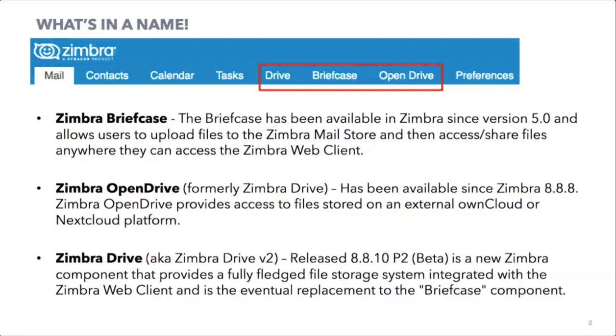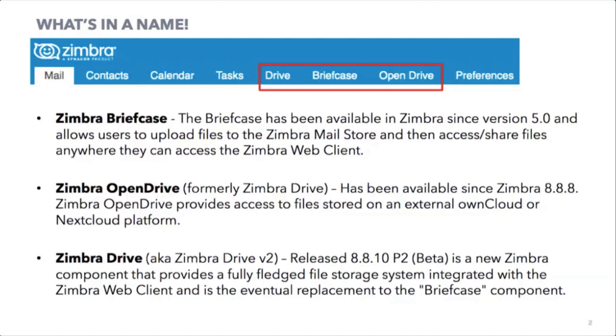Then we have what we call Zimbra Open Drive, and this is probably where some of the confusion comes from, because that was originally named Zimbra Drive. This Open Drive functionality has been available since version 8.8.8.